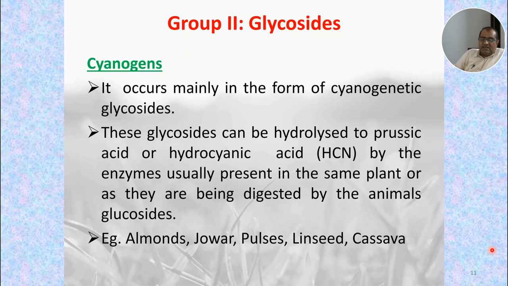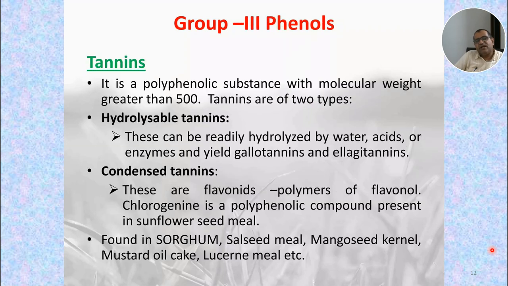Many cyanogenic glycosides are there, such as dhurrin, lotaustralin, and many more. Linseed also contains cyanogenic glycosides, and cassava or manihot, and many more, or about more than 120 types of plants, and many shrubs and bushes contain the popularly known cyanogenic glycosides.